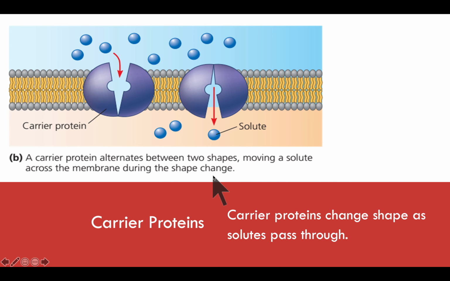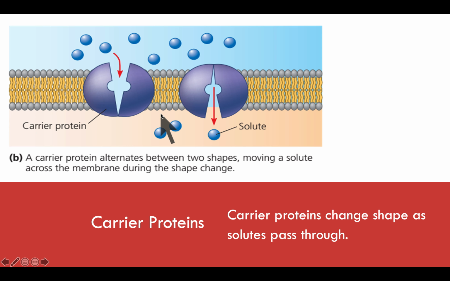Carrier proteins undergo a subtle change in shape that somehow translocates the solute binding site across the membrane. Such a change in shape may be triggered by the binding and release of the transported molecule. Like ion channels, carrier proteins involved in facilitated diffusion result in the net movement of a substance down its concentration gradient.